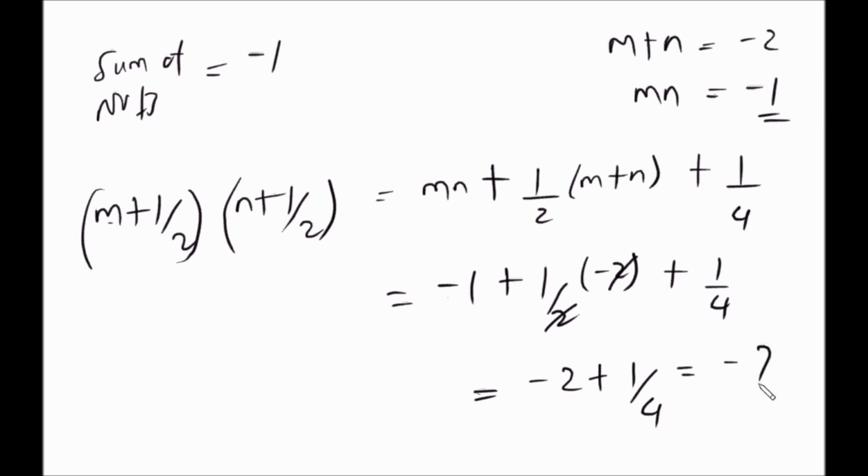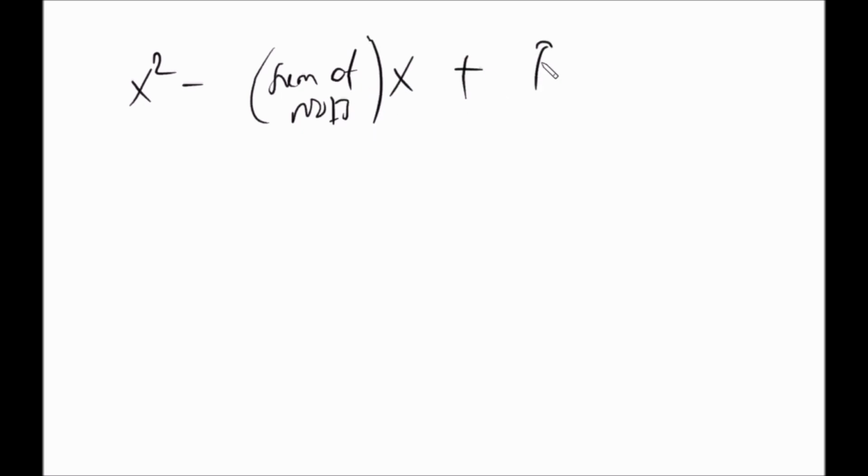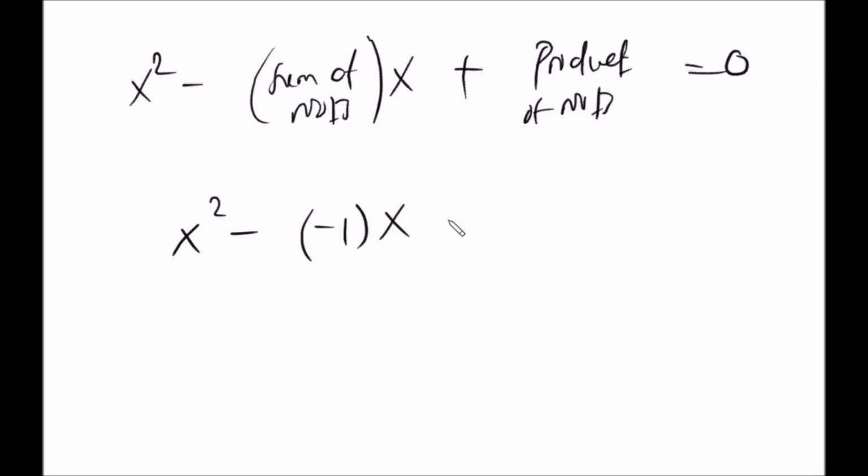So this one and this one cancel. Here I remain with negative 1 minus 1 is negative 2, plus 1 over 4. So this will be negative 7 over 4. So the product of roots is negative 7 over 4. So our equation now is x squared minus the sum of roots.